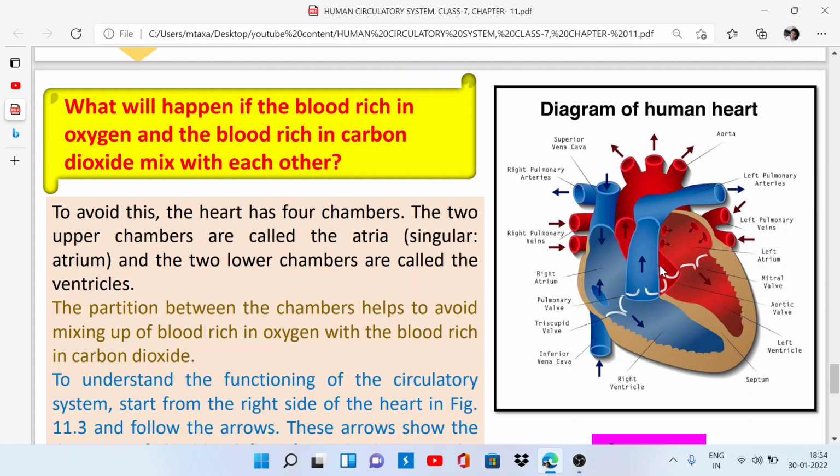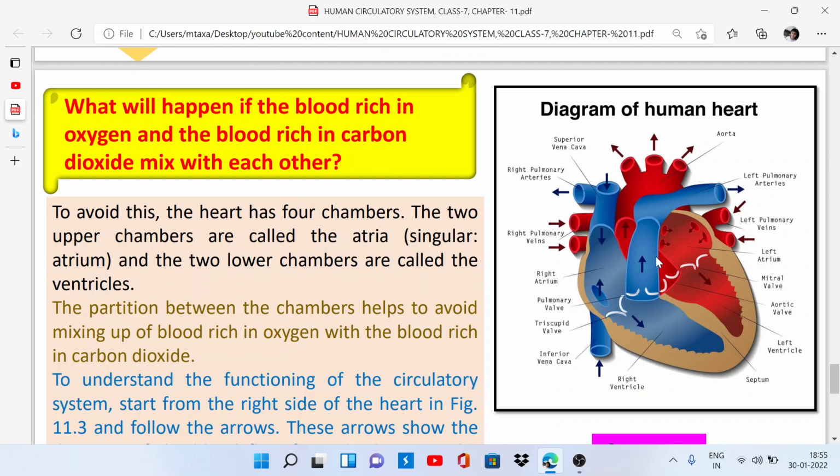And similarly, this right atrium will receive the blood from different body parts. So it will supply to the right ventricle. When the right atrium contracts, the blood will be transported to the right ventricle, and this is carbon dioxide rich blood. Then the right ventricle contracts and transports this blood to the lungs.